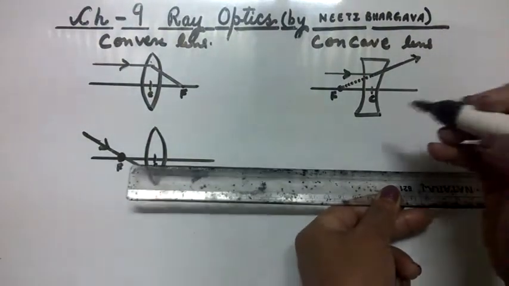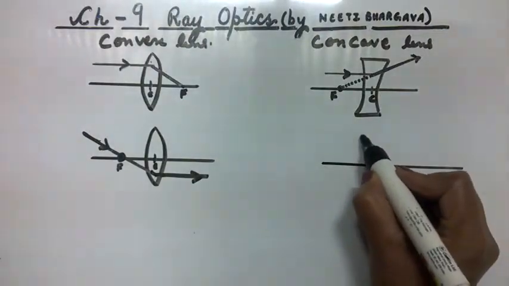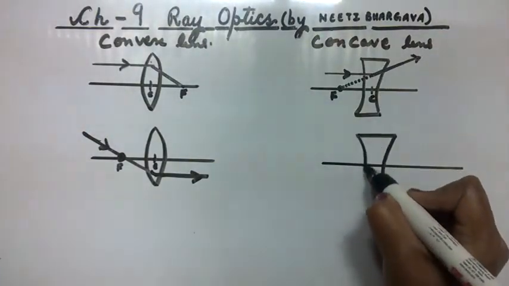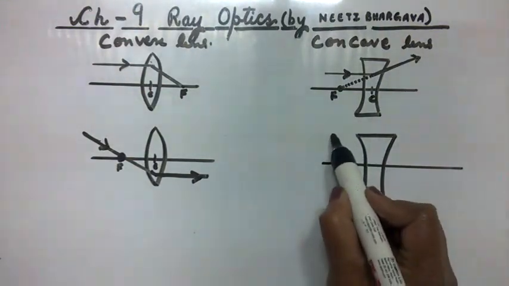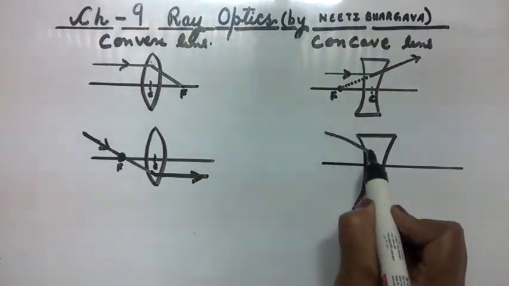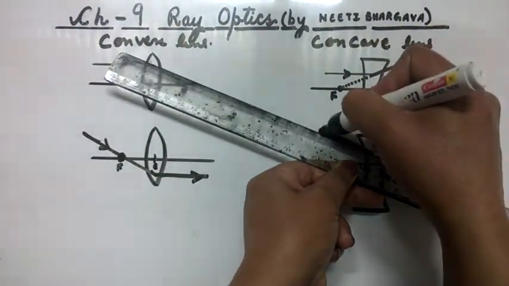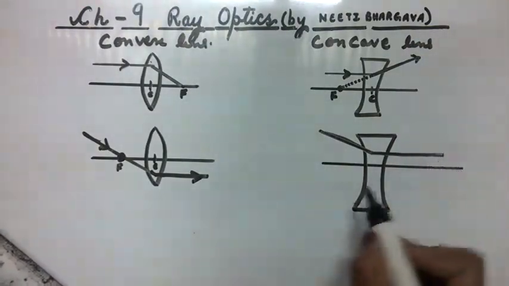In concave lens also, the rays appear to be coming from the second principal focus and after refraction will go parallel to the principal axis.